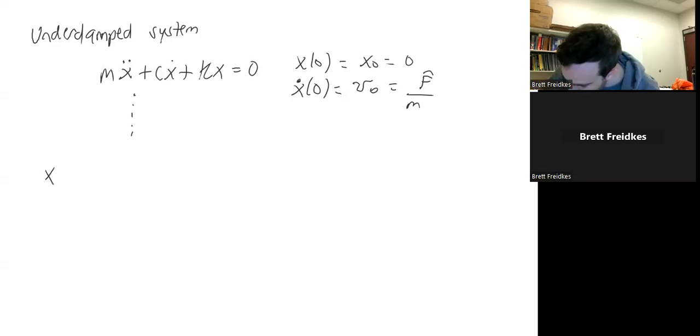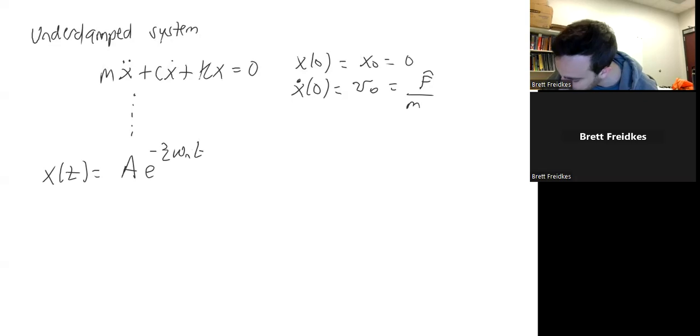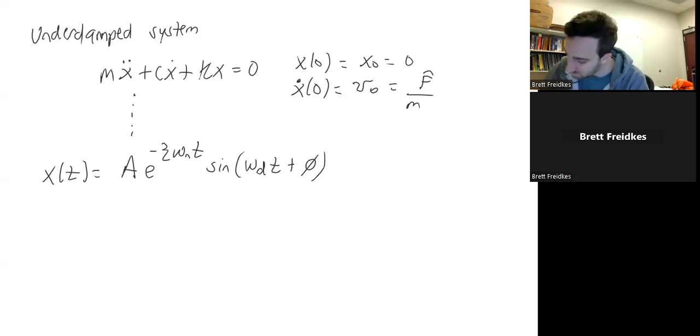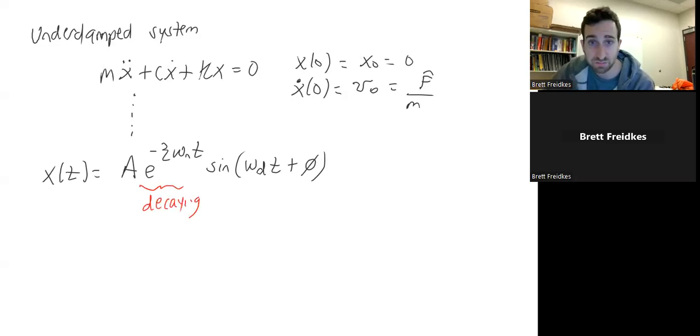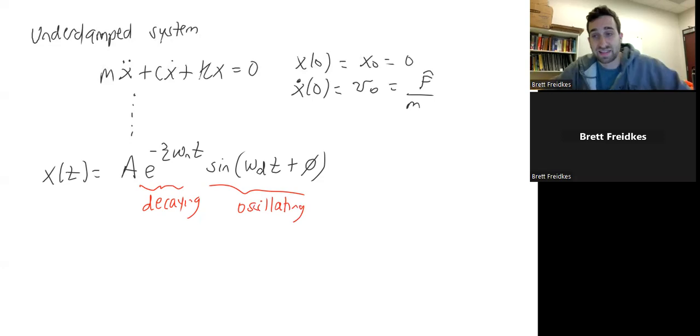So that response ended up being something like a e to the minus zeta omega n t times sine of omega d t plus phi. We can see that this is the decaying portion because it's damped. So as time goes on, the motion will get smaller. And then we have the sine, which is the oscillating portion, which only exists because we're underdamped.